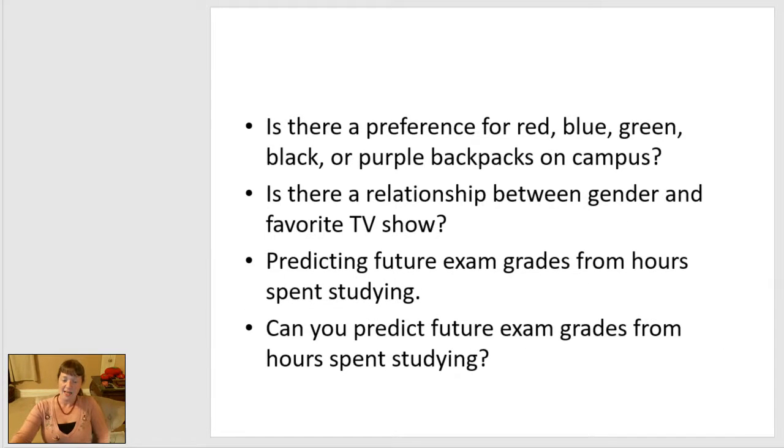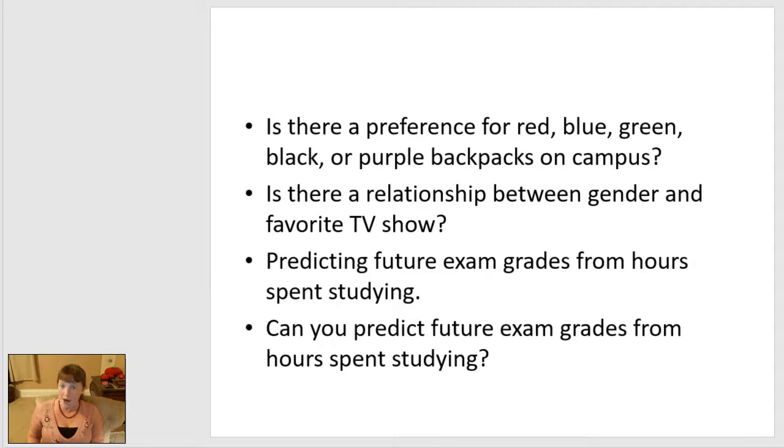Or how about this? Is there a preference for red, blue, or green? Is there a preference for red, blue, green, black, or purple backpacks on campus? So think about this variable. I'm going to go around campus and ask people, what is your favorite color backpack? I'm only asking everybody one question, right? Hey, what's your favorite color backpack?